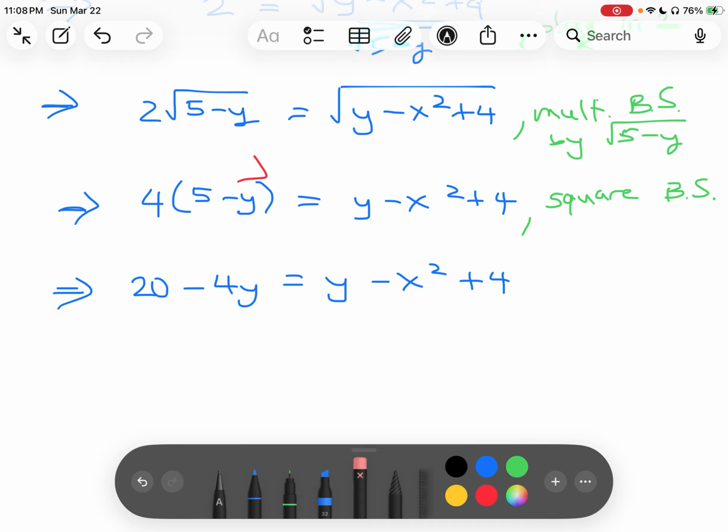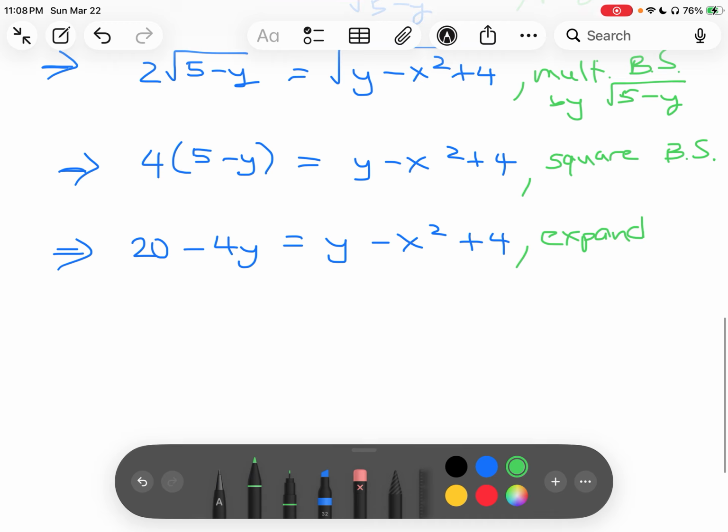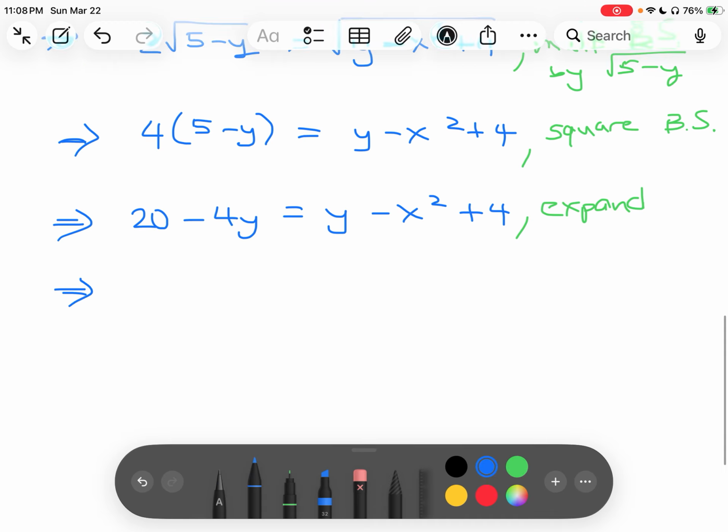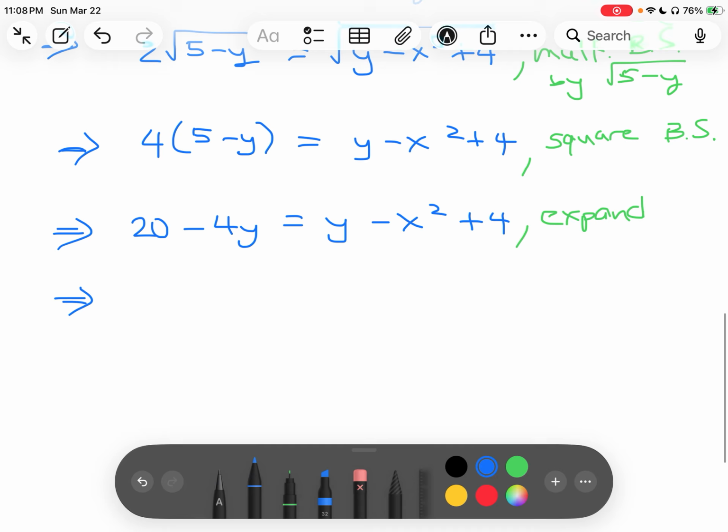Next, I'm going to bring everything with a y on one side and everything with an x on the other side.